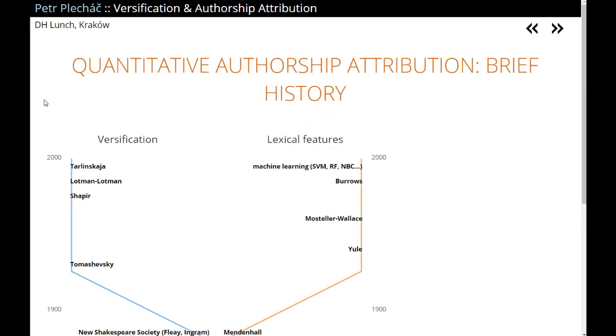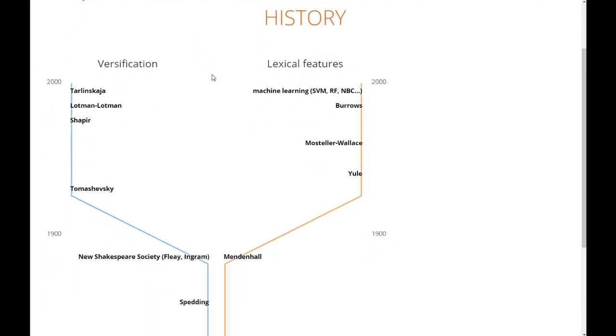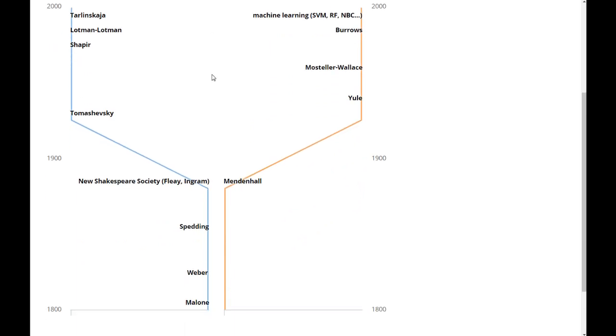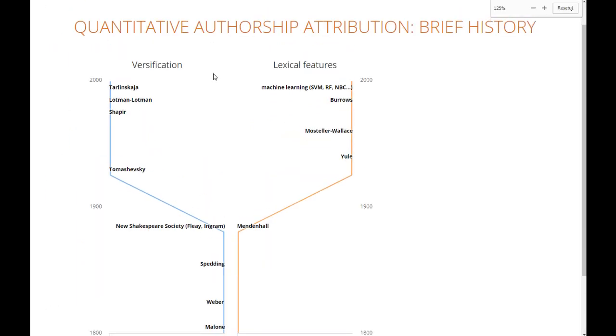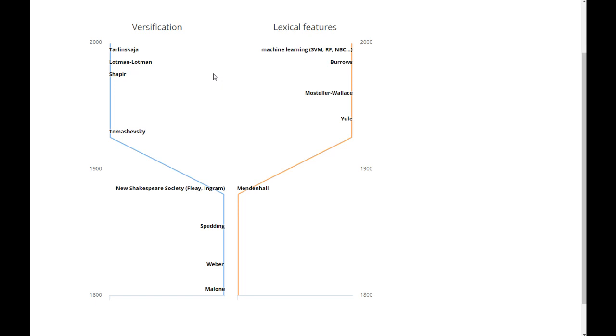So here is a very brief chart showing a very brief history of stylometry and authorship attribution problems. Of course, many things are missing there. What I would like to point out is that usually Mendenhall is mentioned as the founder of quantitative methods in authorship attribution.